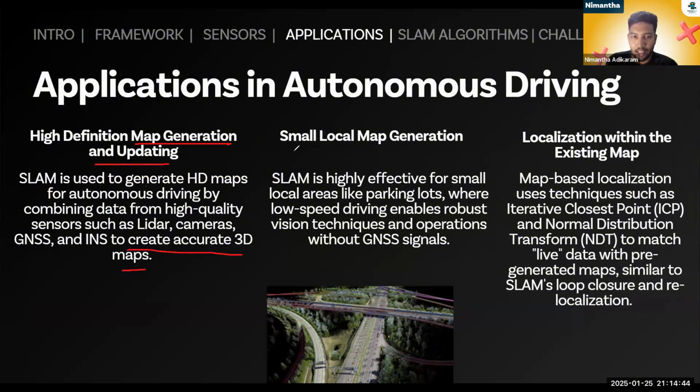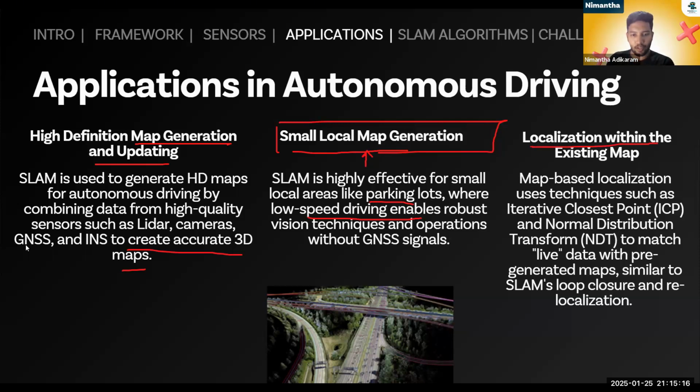We also need small map generation, like a small area such as a parking lot, so we need a good method to map that area. We are using SLAM for that as well. When we have the map, we have to localize within the existing map, and for that as well, we are using SLAM.